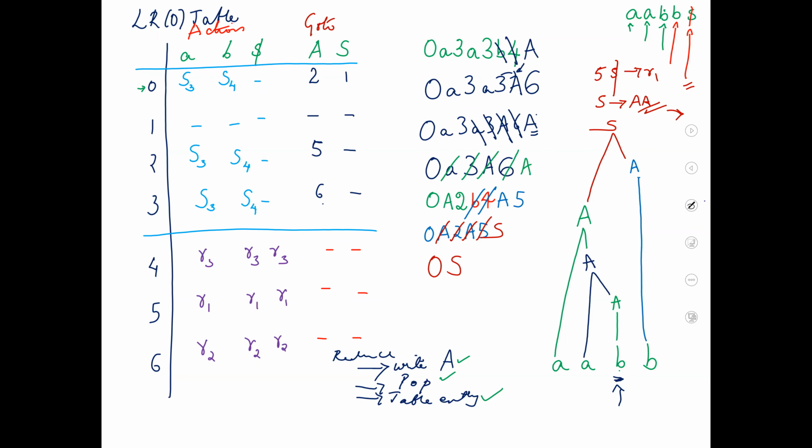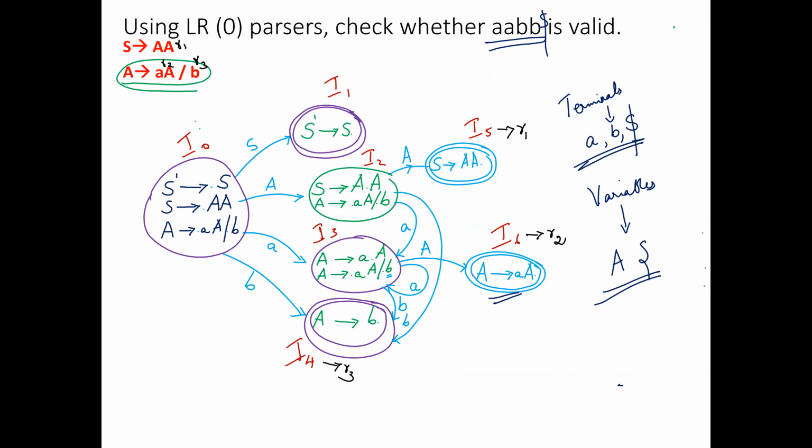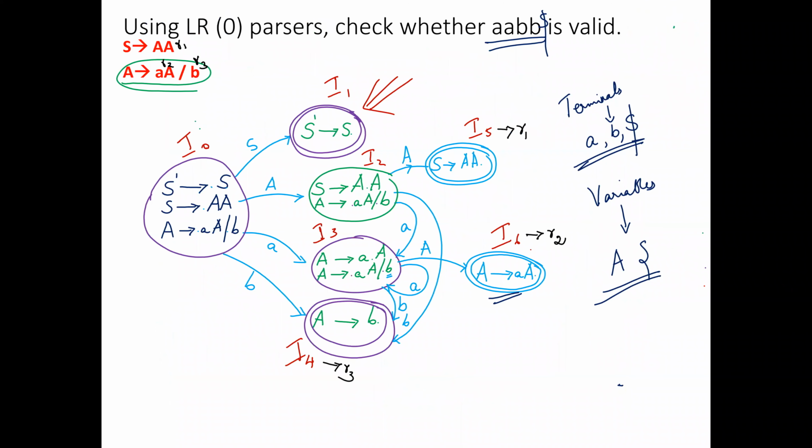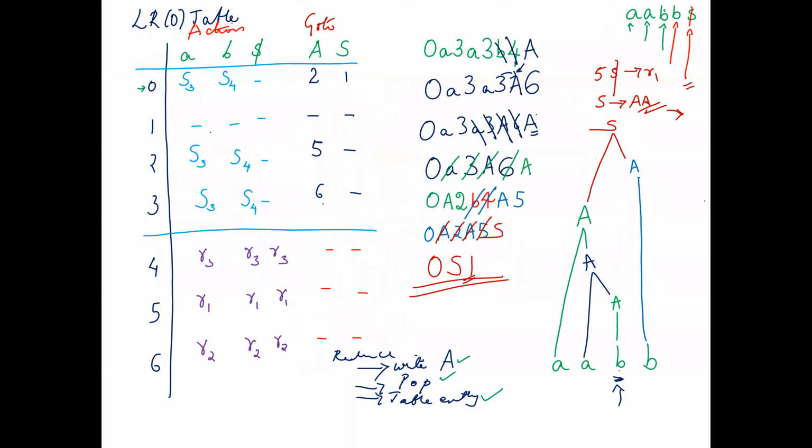When you look over here, 0S, it is 1. Now, if you look over into your diagram, 1 is nothing but your start symbol. If you reach such a case, you're starting at your augmented grammar, look here, you are starting at 0, and then you reach your start symbol, you will say that the string is valid.